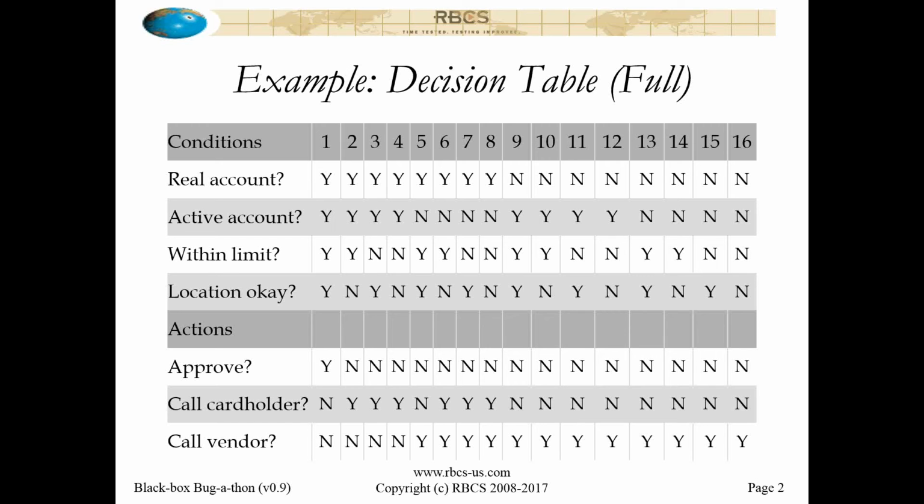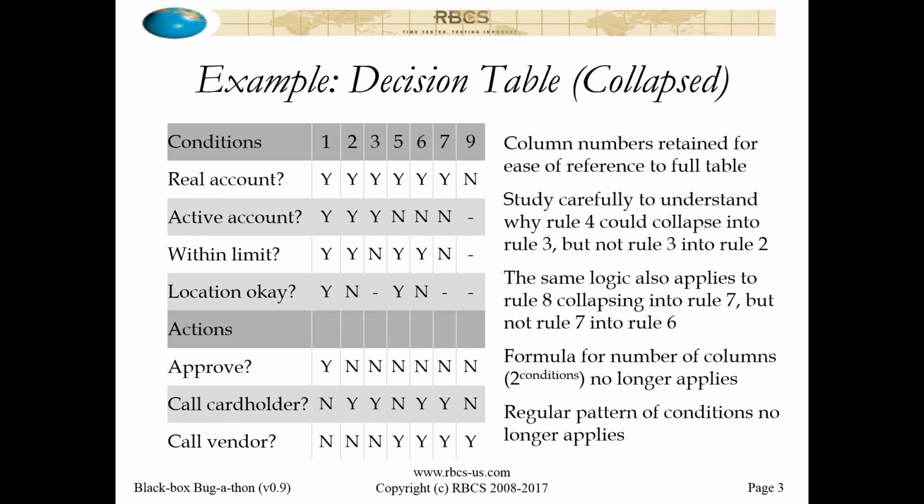So what we can do to accommodate that is through what's called a collapsed decision table, which is what you see here. In a collapsed decision table, you take a full decision table, and you combine the rules, the columns, that are characterized by differences in conditions that don't actually matter.